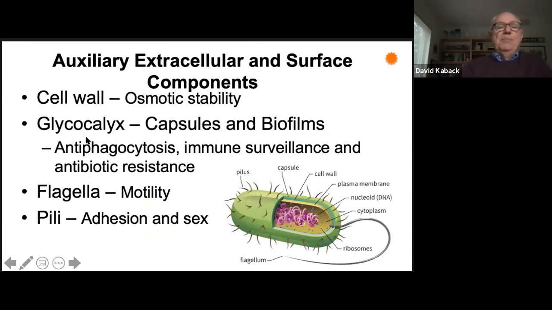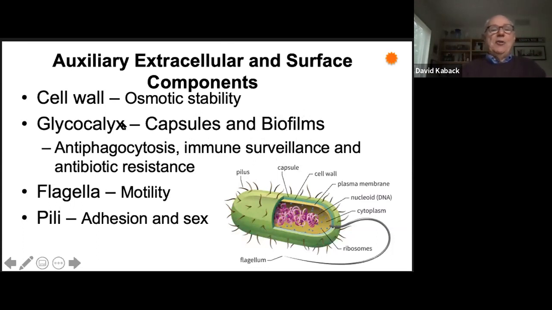Glycocalyx refers to the fact that bacteria very often have these very thick layers of polysaccharide, which we refer to as capsules. And very often they produce so much of this polysaccharide that they form biofilms, literally things that you can scrape off. The best way to think about biofilms is slime, okay? And they have pathological circumstances I'll show you.